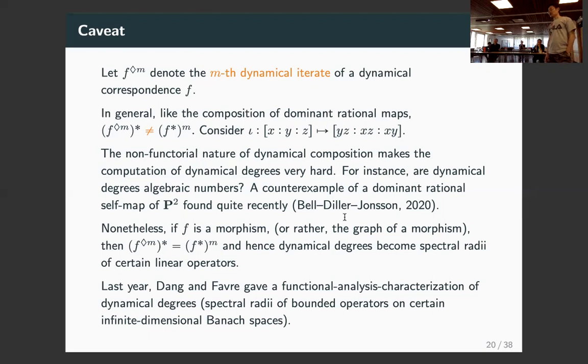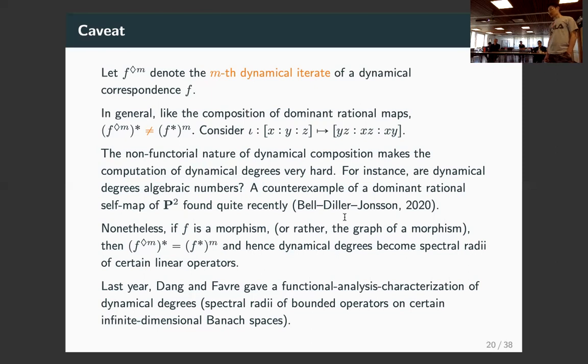Okay, so last year, Bernd Dang and Charles Favre gave a functional analysis characterization of dynamical degrees. They interpreted these dynamical degrees of dominant rational self-maps as the spectral radii of bounded operators on certain infinite dimensional Banach spaces. In our cases, all vector spaces are finite dimensional, and these pullback actions are just linear actions on these finite dimensional vector spaces.